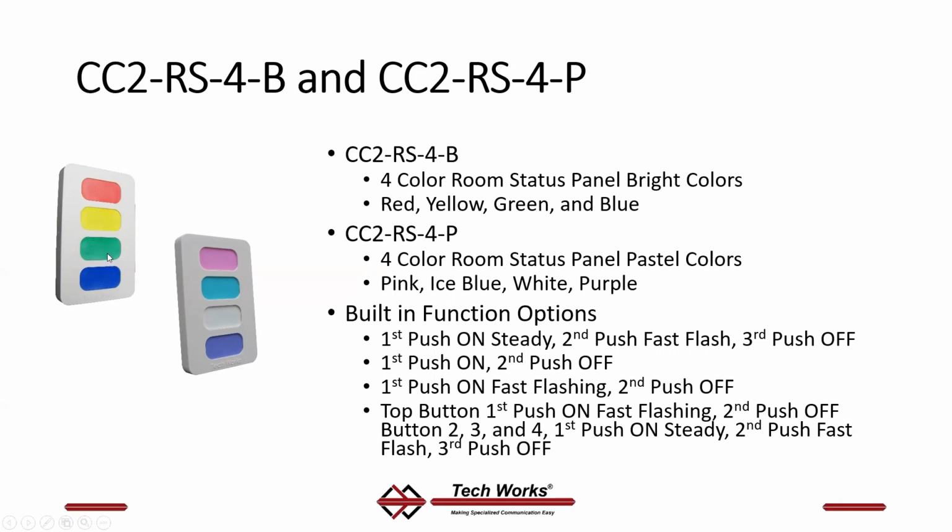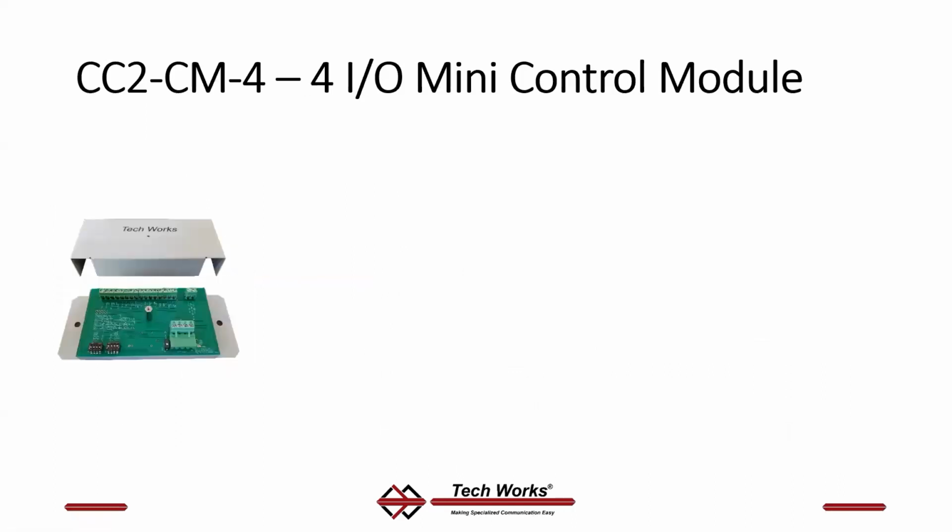Yellow might be an X-ray technician, green might be a doctor, and blue might be a nurse. But the red has to function differently. It's a staff assist. So by again setting the dip switches for the options, the first push of the red button is fast flashing and second push is off, where these are on steady, flashing, and off, or three state, all on the same station. So there's several options. There's actually 4 options built into every station.